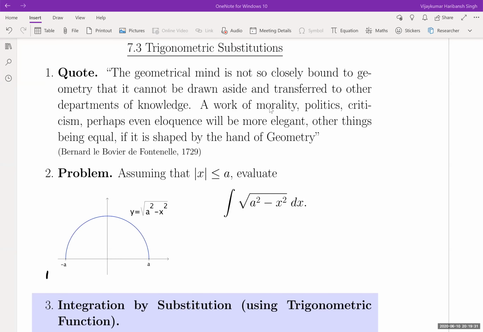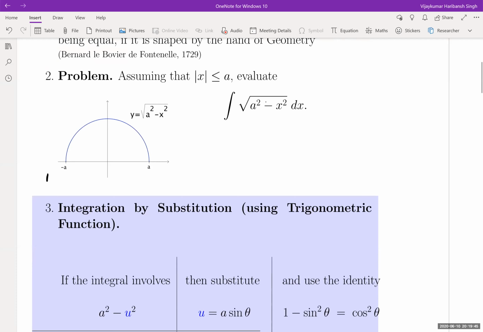So the next type of integral we are interested in is integrals where we can do trigonometric substitution to simplify and integrate it. So suppose you want to integrate square root of a square minus x square.